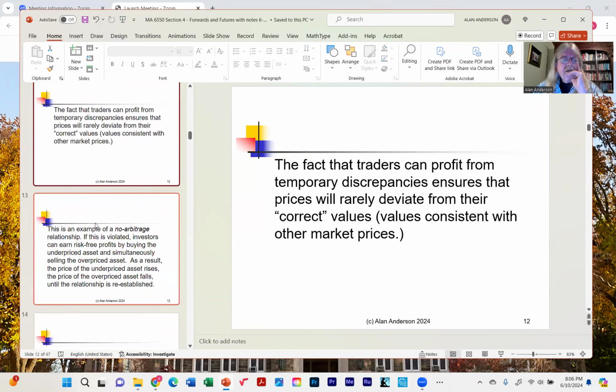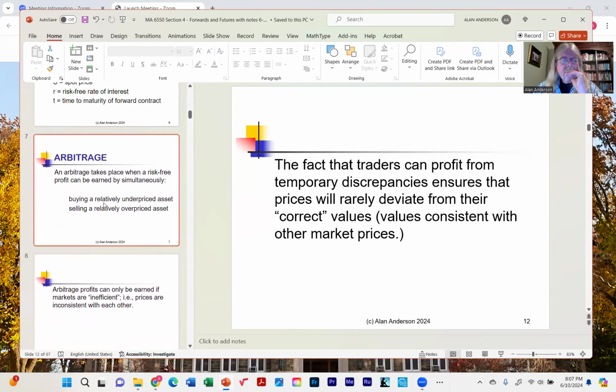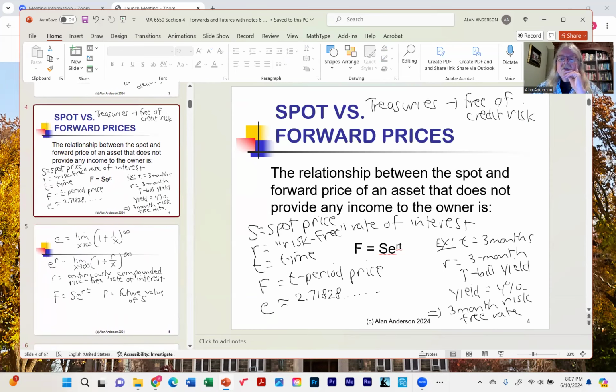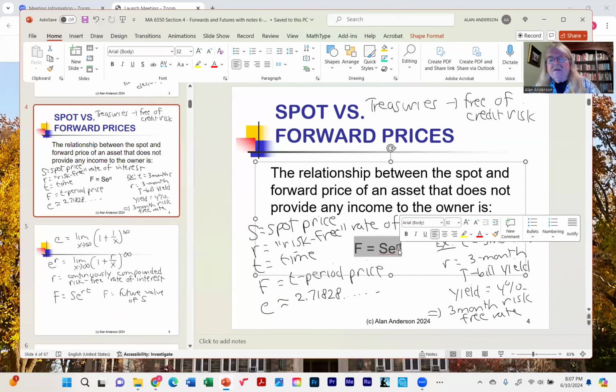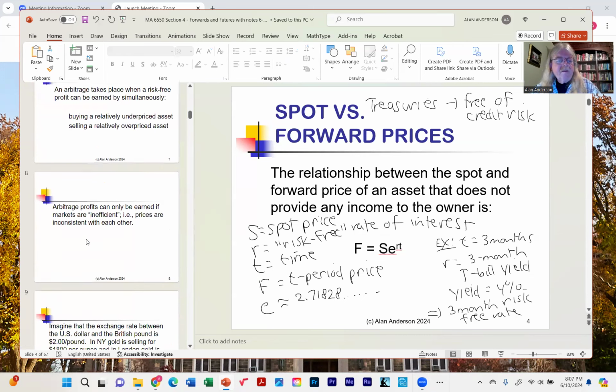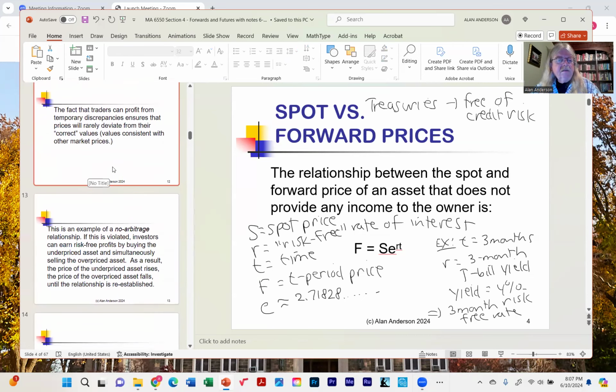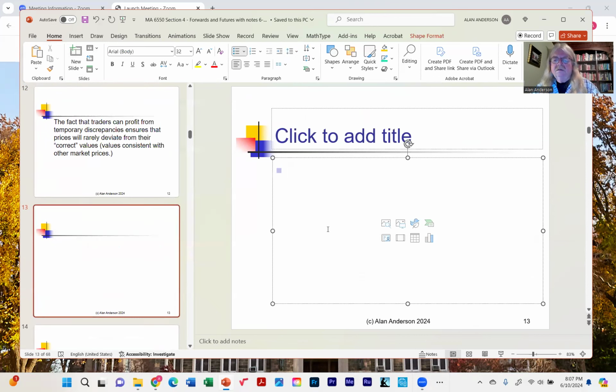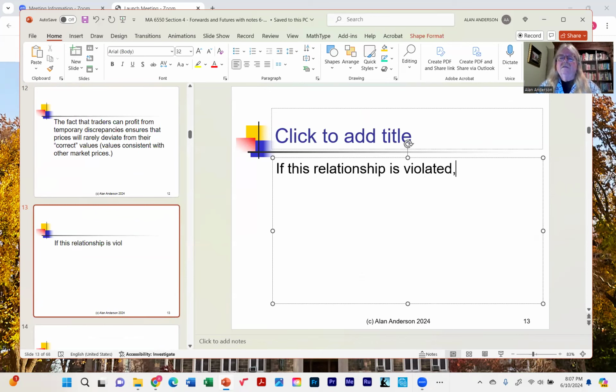So this equation that we just saw, if it's violated, meaning that if we could find a discrepancy, we could earn arbitrage profits from this relationship as well. In other words, if this relationship is violated, then arbitrage profits.